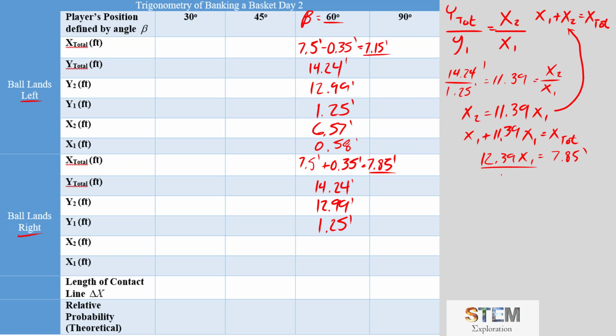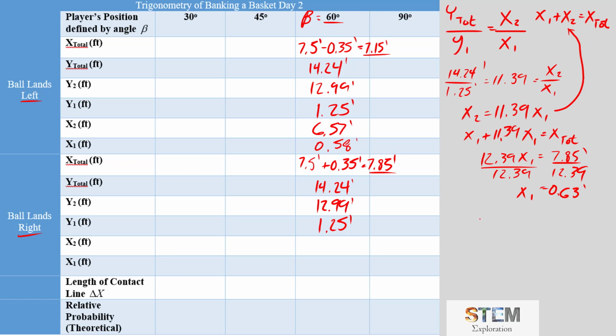Voila. Now divide both sides by 12.39, and hopefully all these steps are starting to look pretty similar. And if we do this calculation, you'll find that x1 should be equal to 0.63 feet.